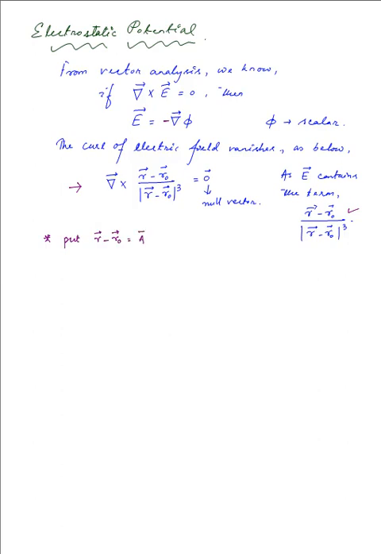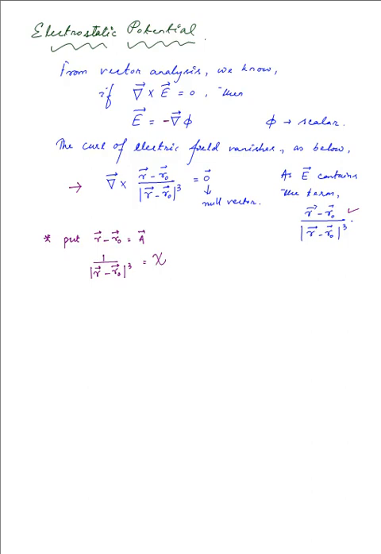Let us have a case where we put r minus r naught equal to some vector a, and 1 over the modulus of r minus r naught cubed equal to some scalar quantity, let us call it chi.